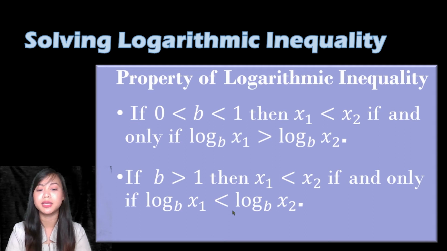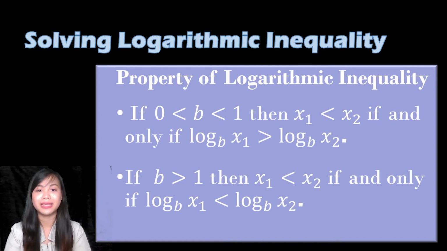They have the same symbols because our base is a positive number greater than 1. It's different when our base is between 0 and 1. Those are the properties we need to consider in solving logarithmic inequalities.